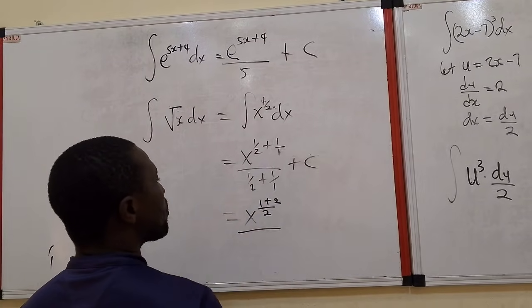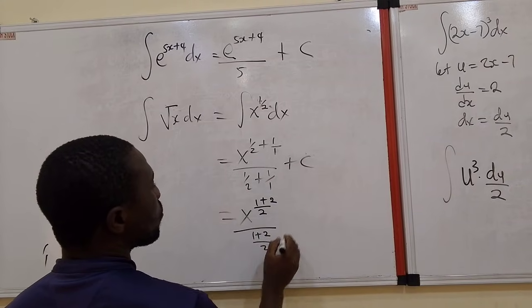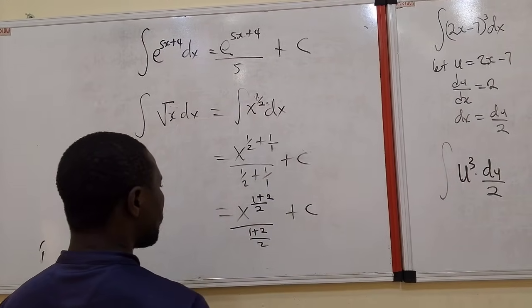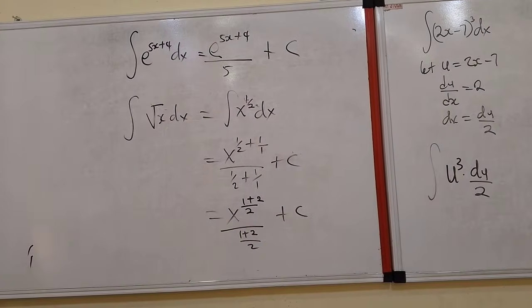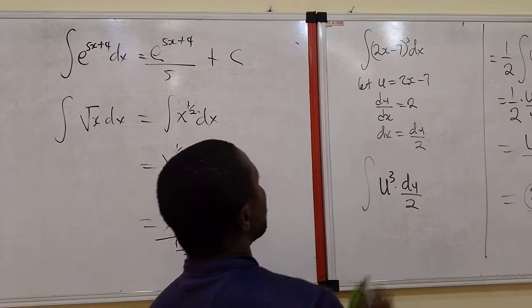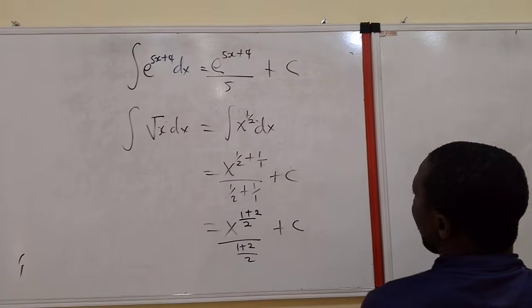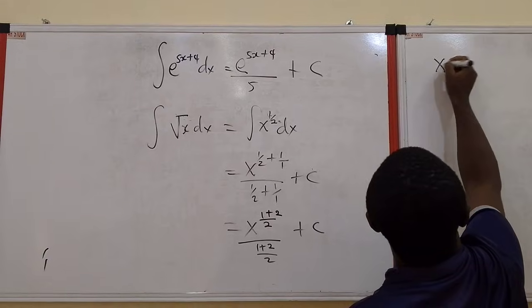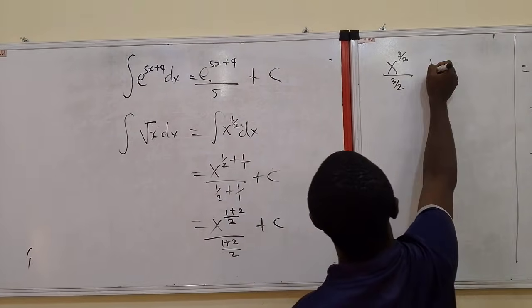The same thing happens here. I have 1 plus 2 over 2 plus c. Okay. Finally, my result now becomes x raised by 3 over 2, over 3 over 2, plus c.